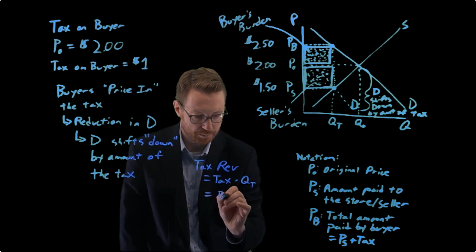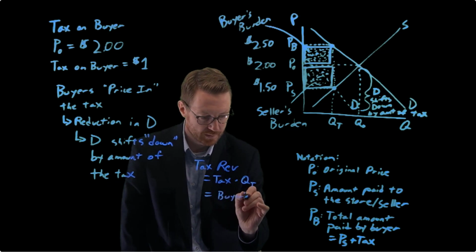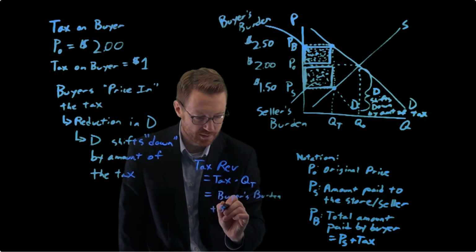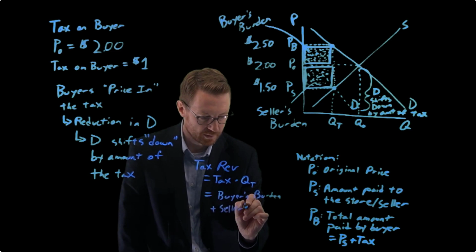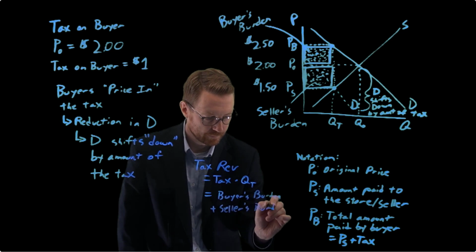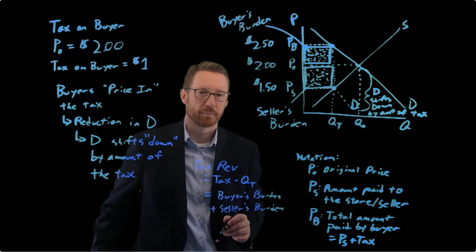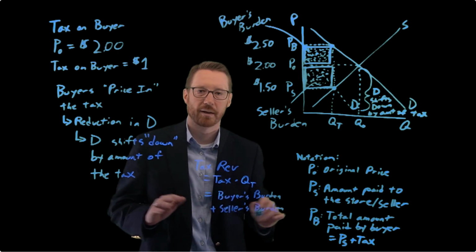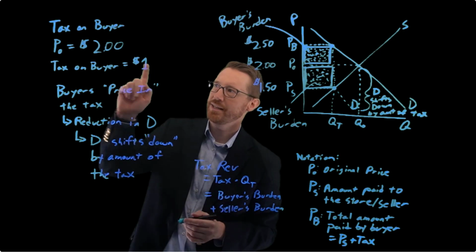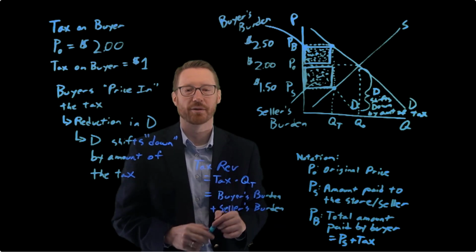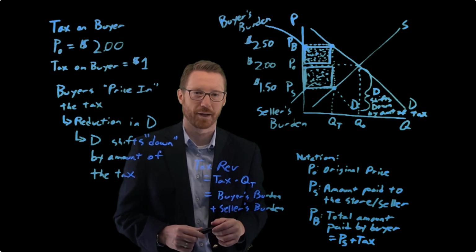It's equal to the buyer's burden plus the seller's burden. So the burden of the tax revenue raised is being split across the two parties. Yes, the buyer is physically paying the tax, but the seller is still bearing some of the burden as well.